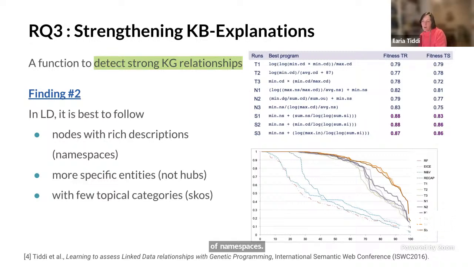It was best to follow more specific entities, so really not hubs with many incoming links, but rather something more specific. And also we looked into the SCORS vocabulary, and it was best to have fewer topical categories, so not something quite generic in terms of topic, but again a bit more specificity.